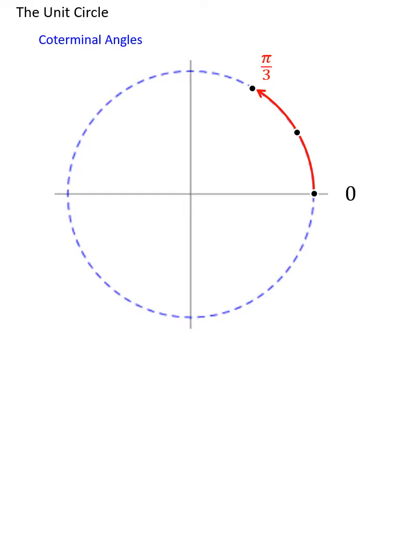So far, so good. Here's a question to ponder. Is that the only arc that terminates at that point? And it turns out the answer is no. Mathematicians long ago pondered the question, do arcs always have to go counterclockwise? Should those be the only kind of arc lengths that we allow?